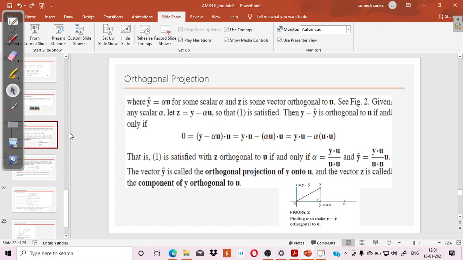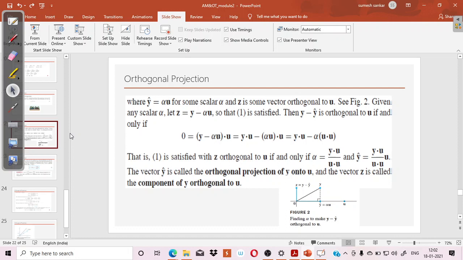The first is known as the orthogonal projection of y on another vector u, and the second is known as the component of y orthogonal to the first component.